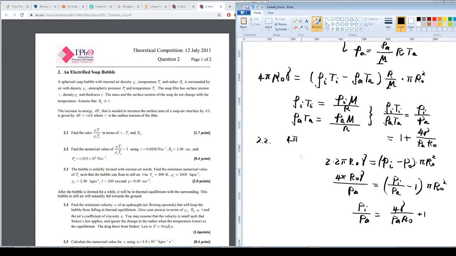So for the numerical value, we can just plug in the numbers. If we already have this expression, we can just plug in 4 gamma over PA r naught, which is 4 times 0.025 over 1.013 times 10 to the fifth times 0.01.